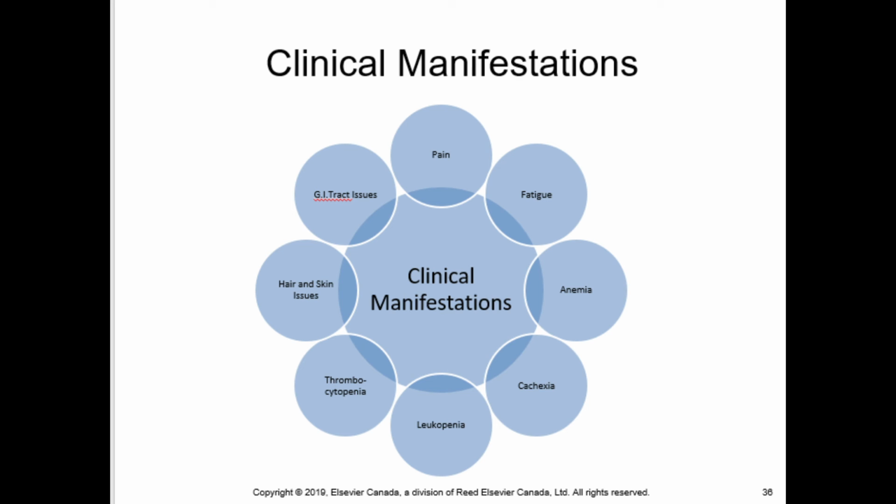There are a number of underlying mechanisms which may be associated with pain. These include things like pressure, obstruction, invasion of sensitive structures, stretching of visceral surfaces, tissue destruction, and inflammation or infection.